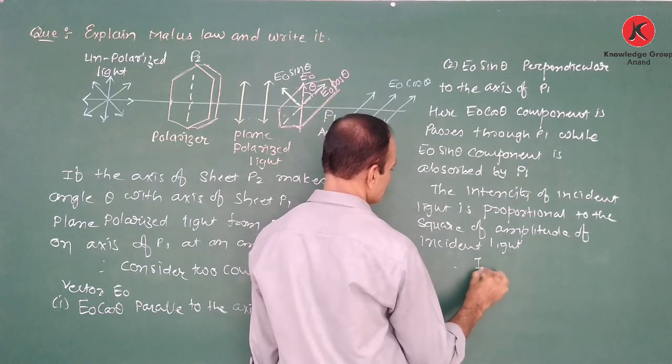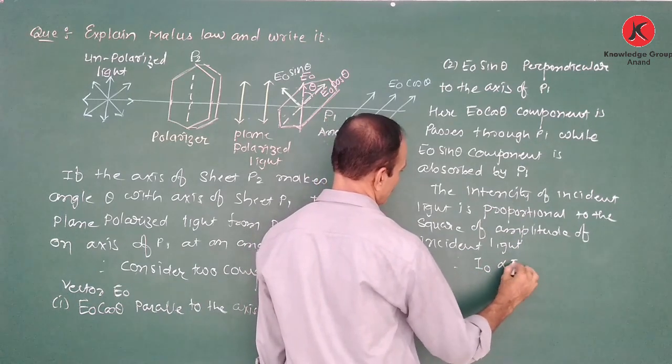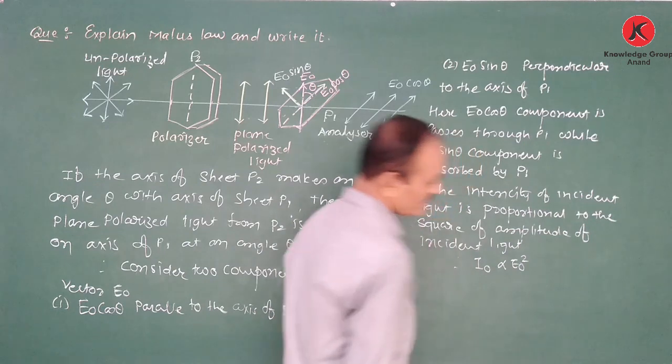Therefore, I0 is proportional to E0 square.